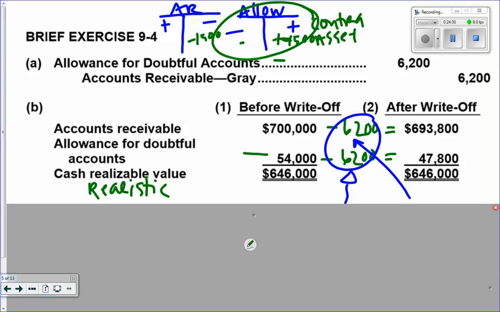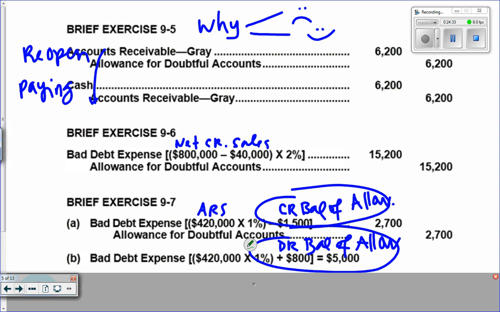On the other one, if it had a debit balance of 800, although that's pulling down the allowance account, a debit under AR would have been plus 800. A contra asset acts opposite of a normal asset, but it's almost like we're taking this negative and turning it into a positive. We had to plug it back into the AR. We'll keep doing this so you're not feeling bad about it. I hope you're starting to understand it.